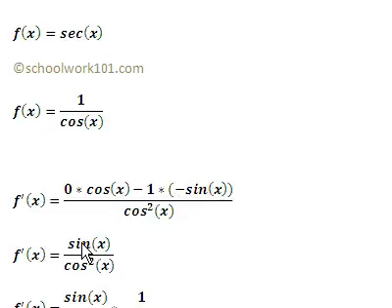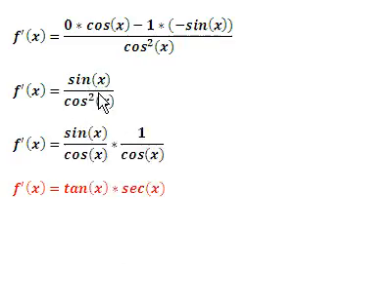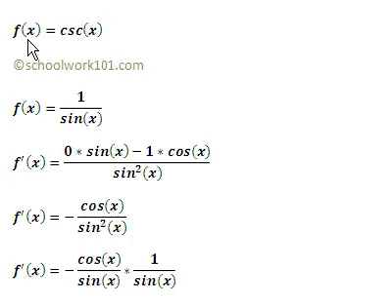We clean this up, and we get sine x over cosine squared x. Now I split this up as sine x over cosine x times 1 over cosine x. Sine x over cosine x is tan x, and 1 over cosine x is secant x. So this is really another one that you should memorize so you don't have to go through all of this.